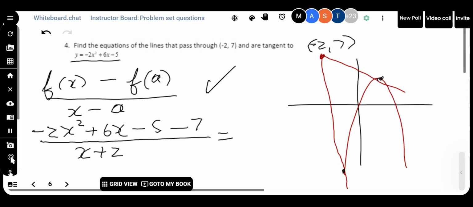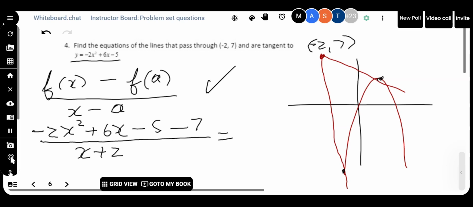The y value at that point, f of a, is 7, so we're subtracting 7 from that. We're putting that over x minus the x value at that point, which is minus 2. So we put x minus minus 2, or x plus 2. Now, that would be the slope of this line that we're trying to find, right? Because remember, at -2, 7, this is going to have some slope that's connecting with the function.